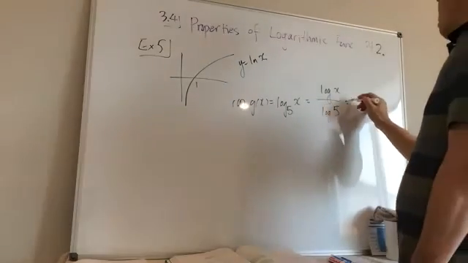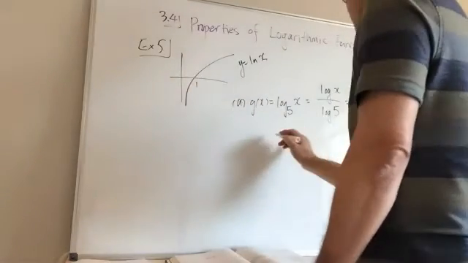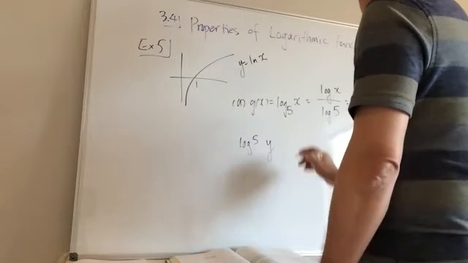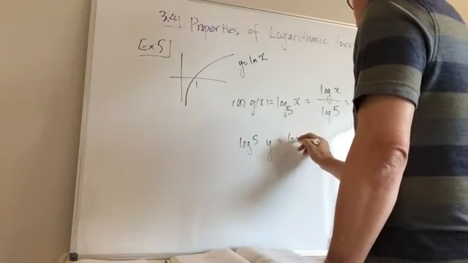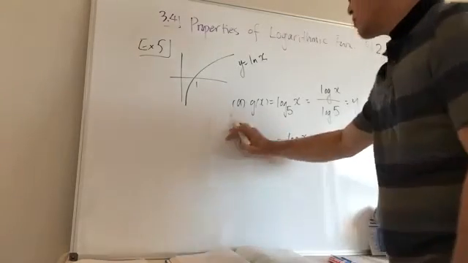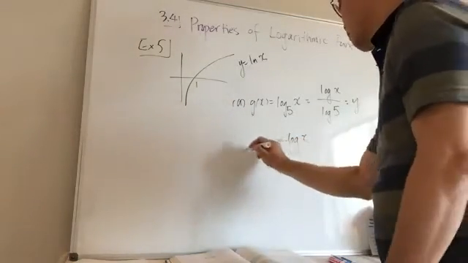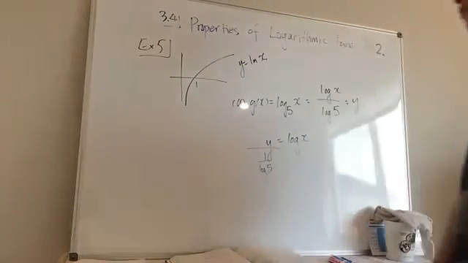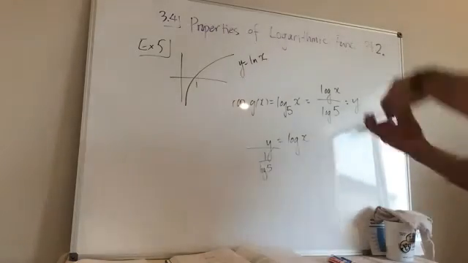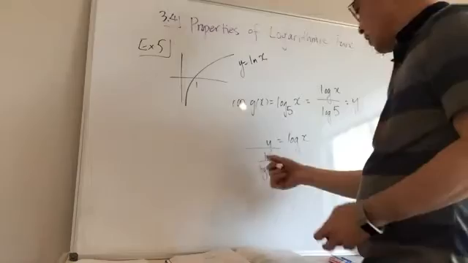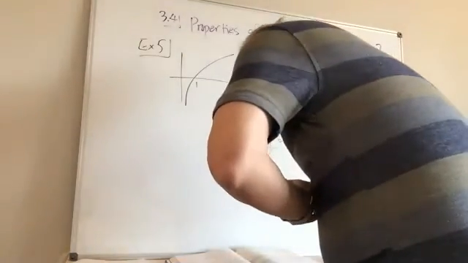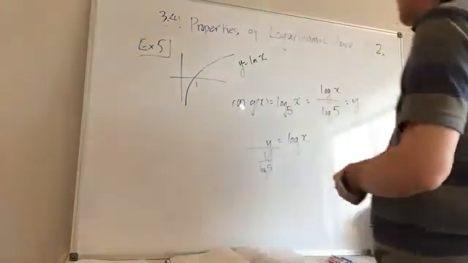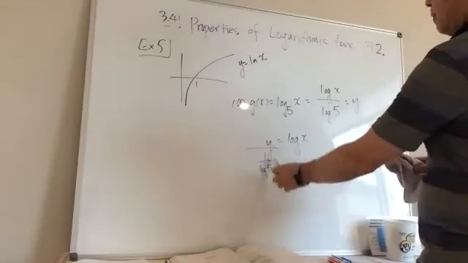If you call this y, you move that over and you get y times log of 5 is equal to log of x, which is really y equals 1 over log of 5 times log x. So it is a vertical shrink, 1 over log of 5. It's a vertical shrink, so that's how you would do that one.